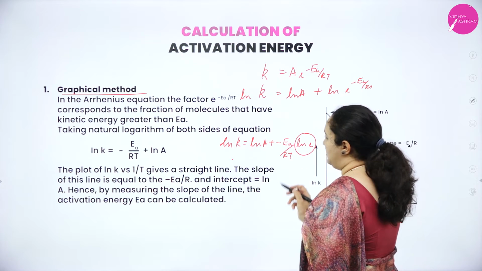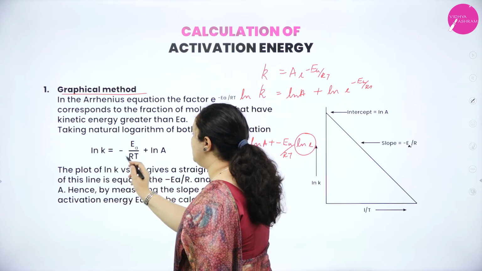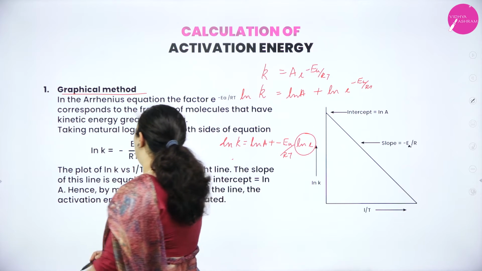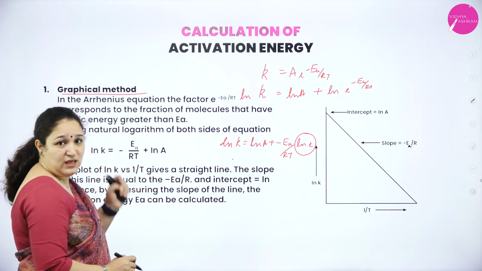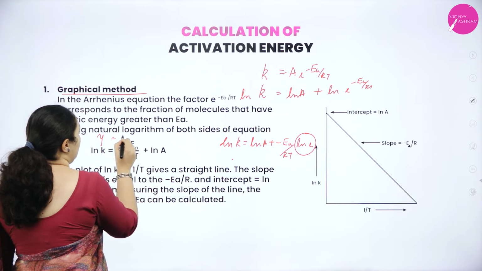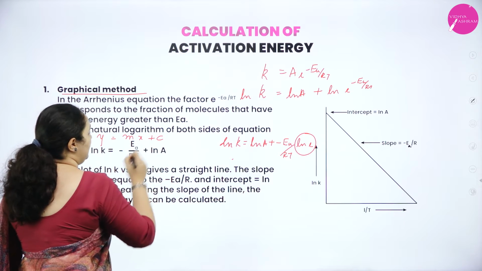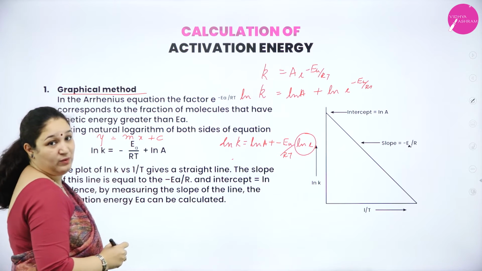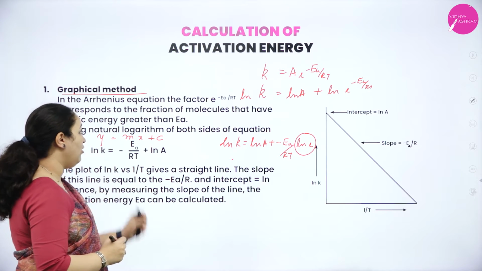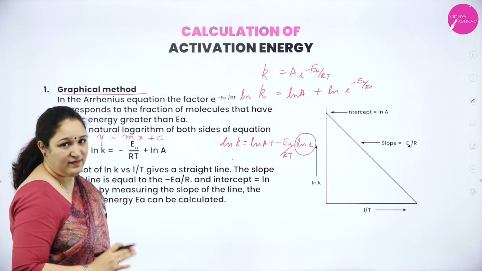So if I rearrange this, I will get ln K is equal to minus EA by RT plus ln A. Now if I compare this equation with the straight line equation, y is equal to mx plus c, then it will match and I can draw the graph and get the value of EA, that is activation energy.